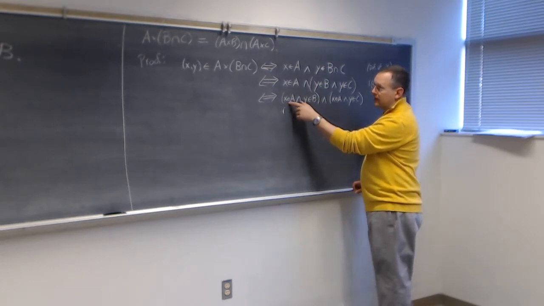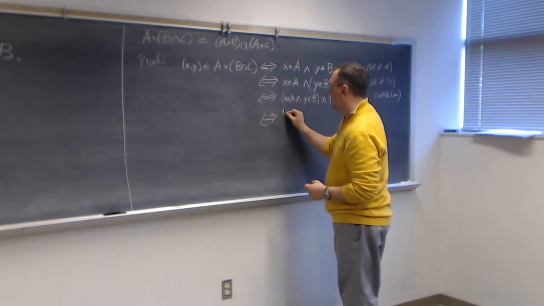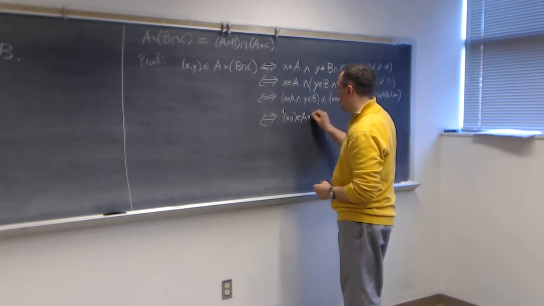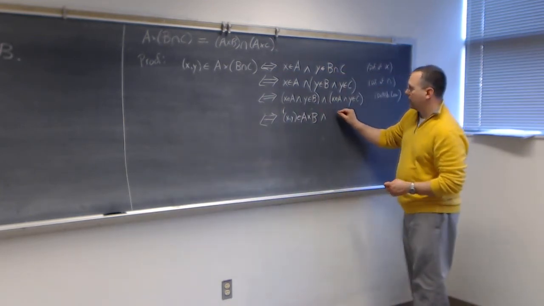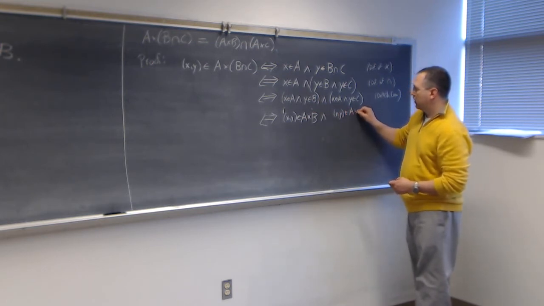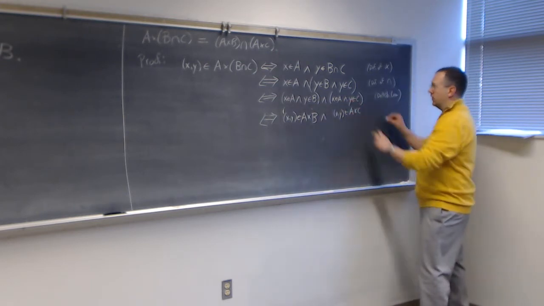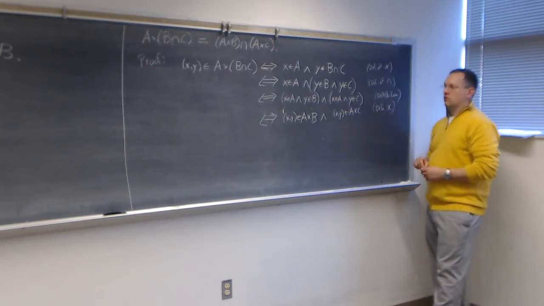Okay. Well, here we go. So I can convert it. If x is in A and y is in B, then by the definition of the Cartesian product, I can say that (x, y) is an element of A cross B. And I can say that (x, y) is an element of A cross C. So I'm using the definition of Cartesian product again.